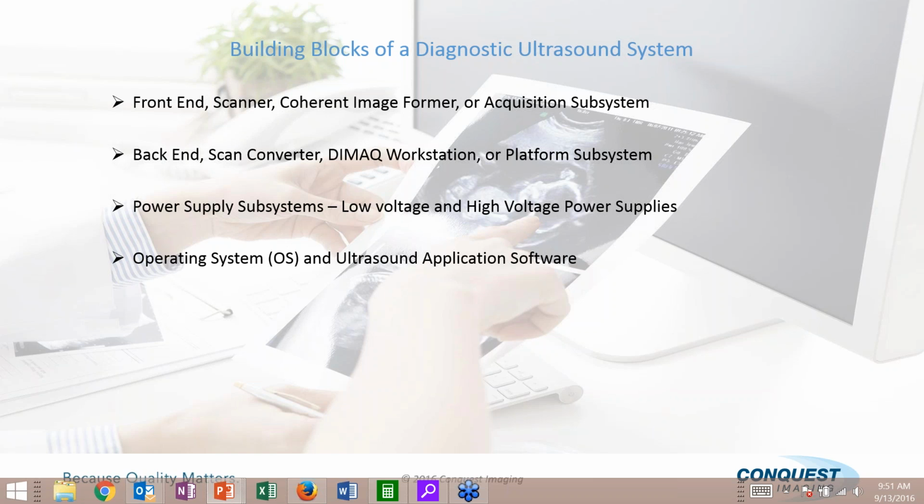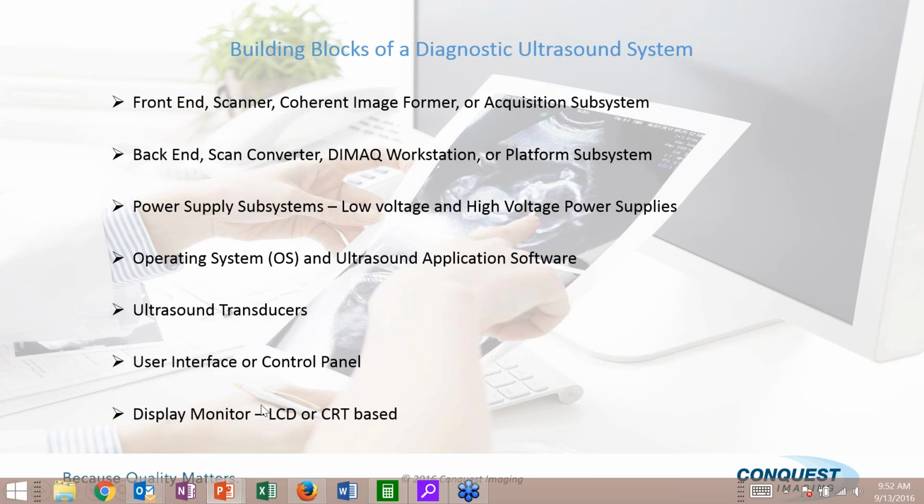If you look at the GE Vivid series, for example, they use a hybrid of Linux and Windows, but the vast majority of ultrasound systems are running Windows with the manufacturer-specific ultrasound application software layered on top of that. And then we have our ultrasound transducer, we have a user interface, and then we have our display.